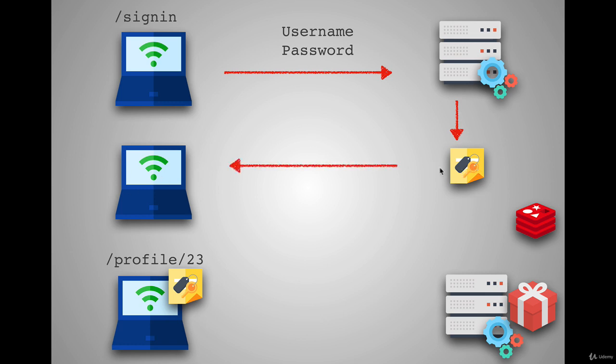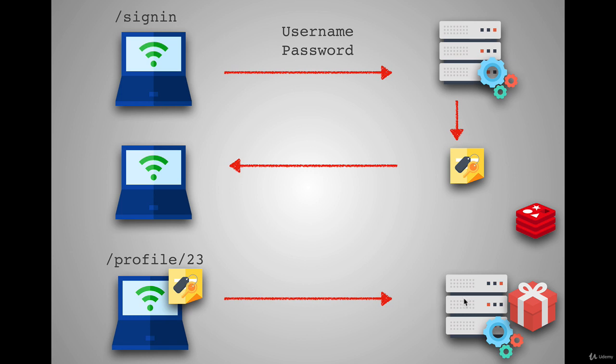user so that next time they access any of the routes that are protected or require authentication, like Profile 23, they'll have to send this JWT token with them. So that when a user gets a profile or updates a profile by doing a post request, they have to send the JWT token to the server.